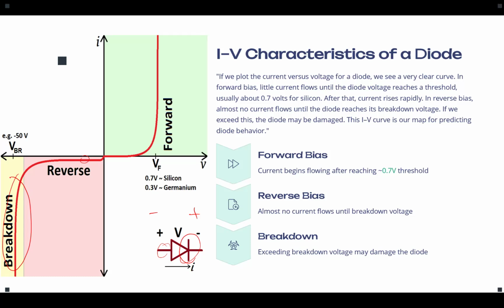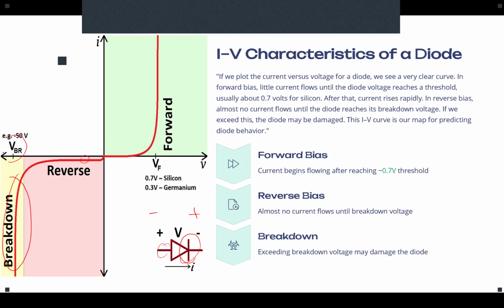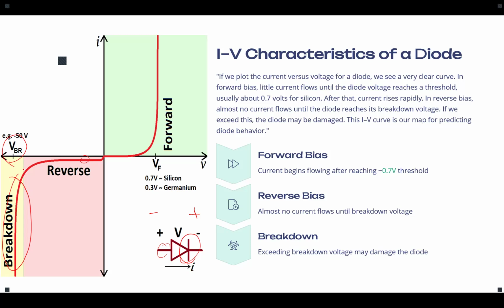So we call this voltage the breakdown voltage. In some cases it is approximately, for example, minus 50 volts. So if you exceed that, that means you exceed the tolerance of that component and it will break down. So now you don't have a diode. Ergo, your current is going to be conducted even in a reverse bias.